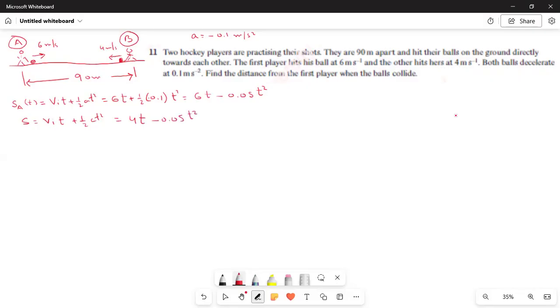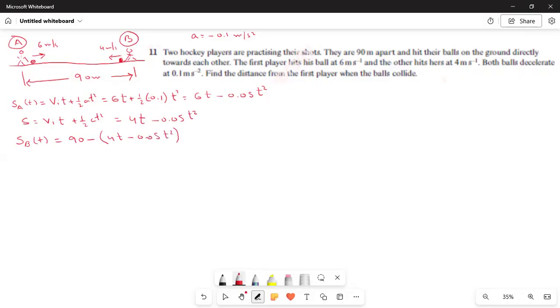Now I want to express this as a distance from the position of player A, the first player. That distance, for the ball of player B as a function of time, is going to be 90 minus this whole thing, 4t minus 0.05 t squared.